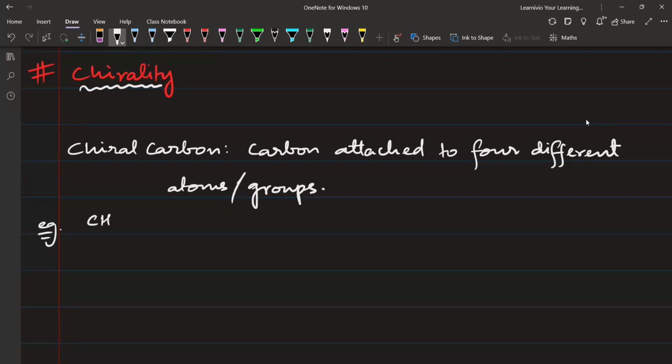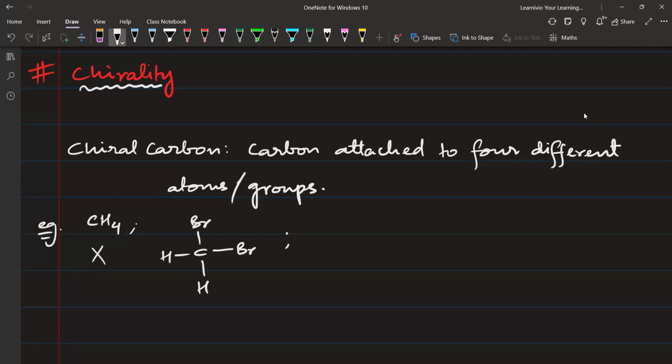Four different atoms or groups. For example, CH4. In this carbon, all the atoms are what? This carbon is attached to only H, hydrogen atoms, right? So it is attached to only one type of atom, not four different atoms or four different groups. So this is not a chiral carbon. What about this one? Is this chiral?